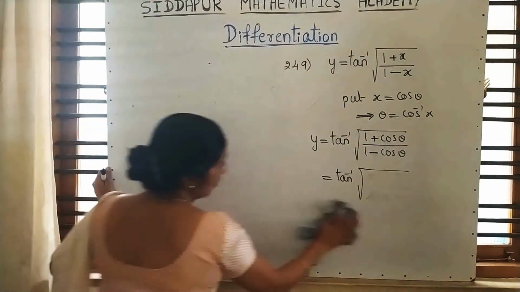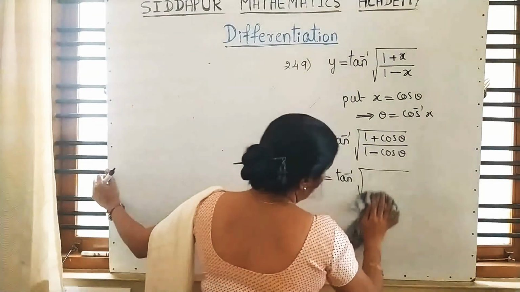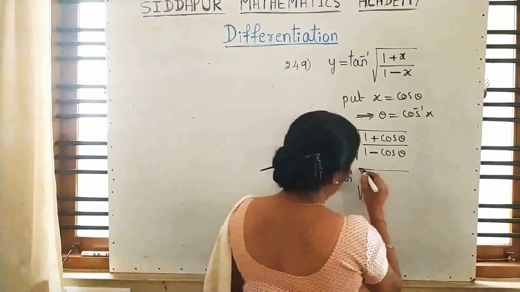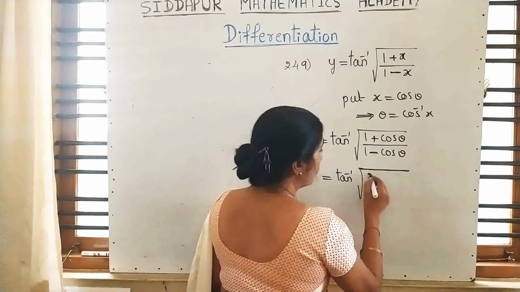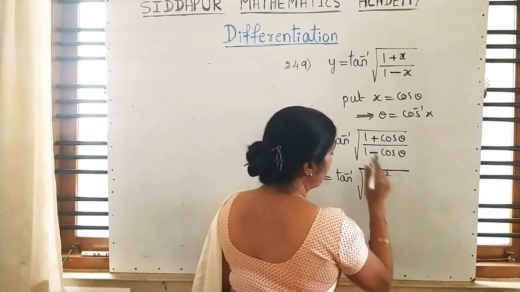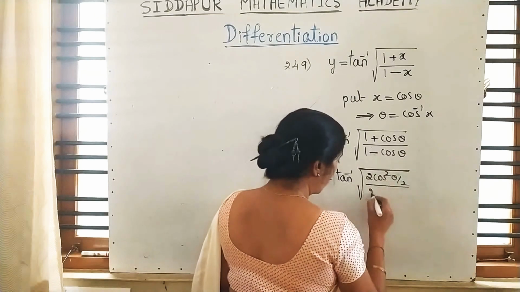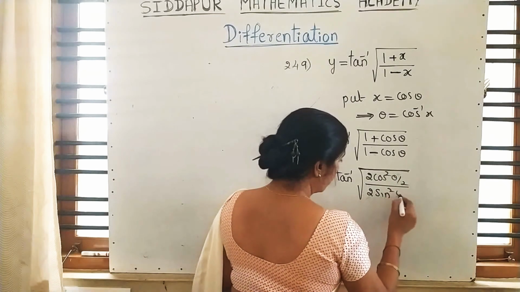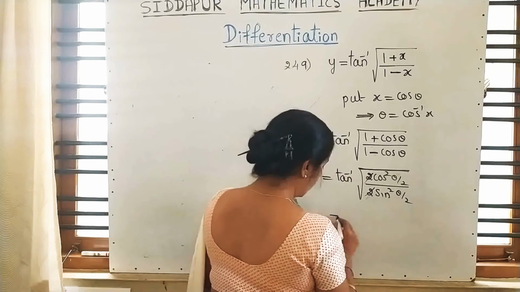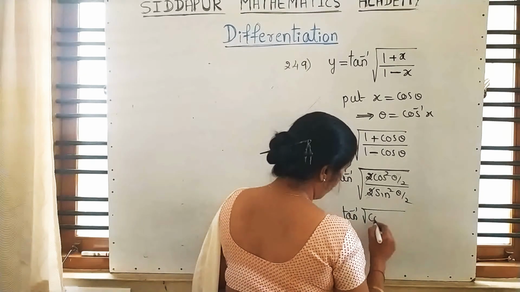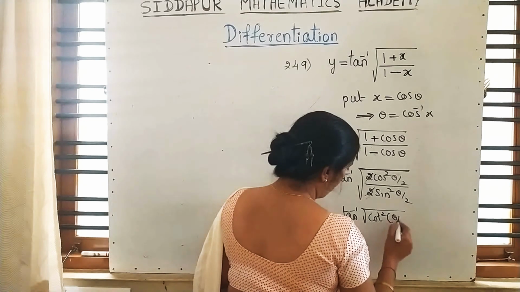If you are thorough in all these, the competitive exams will not require so much preparation, because the theory is very important. 1 plus cos theta is 2 cos square theta by 2. 1 minus cos theta is 2 sin square theta by 2. Tan inverse of square root of cot square theta by 2.